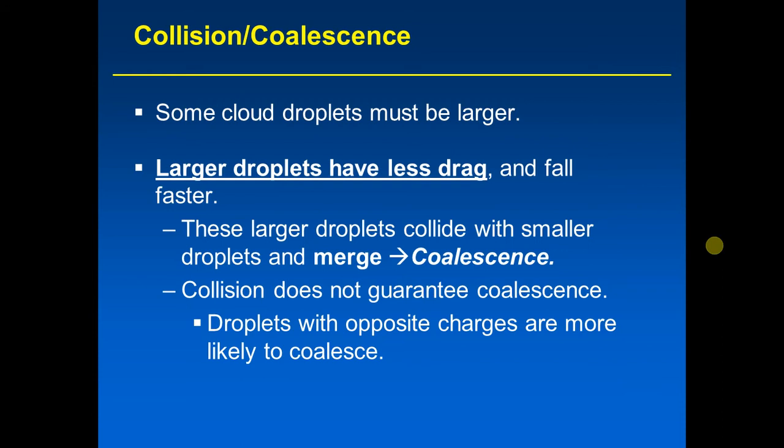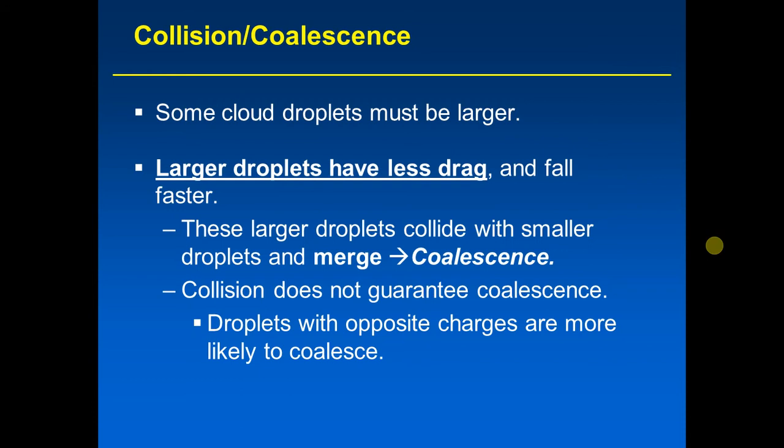Now, as the cloud droplets fall, the air resists the falling drops. The amount of air resistance depends on the size of the drop and on its rate of fall. The greater the speed of the falling droplet, the more air molecules the drop encounters each second, and the more air resistance on it.